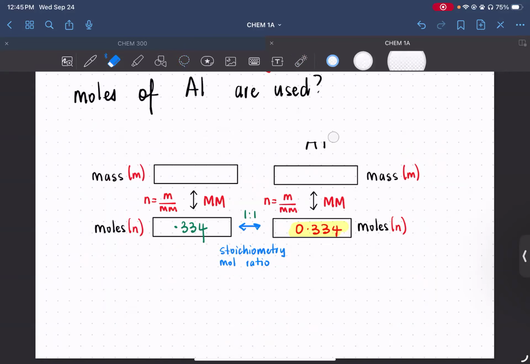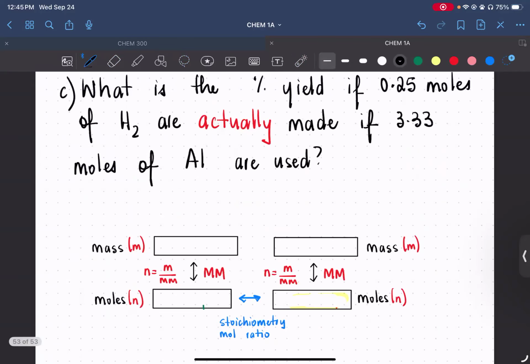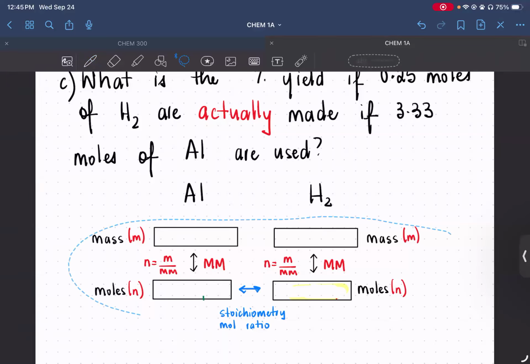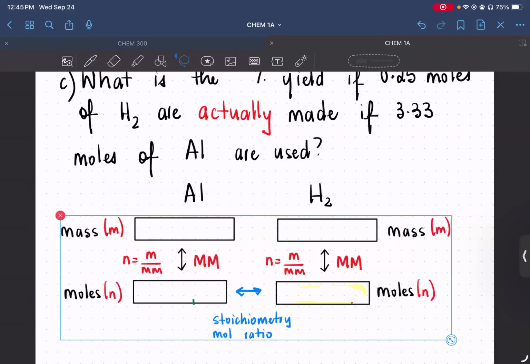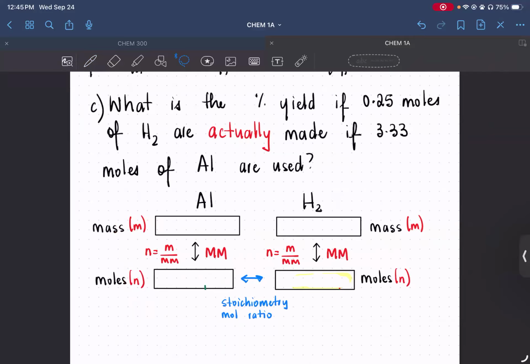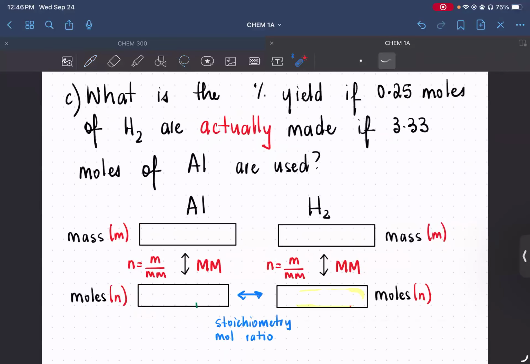Give me a second just to erase some stuff. Okay. We are comparing aluminum to hydrogen. And let's see what we've been given in the question, what else we know, and what we don't know. We are told explicitly that we are using 3.3 moles of aluminum.